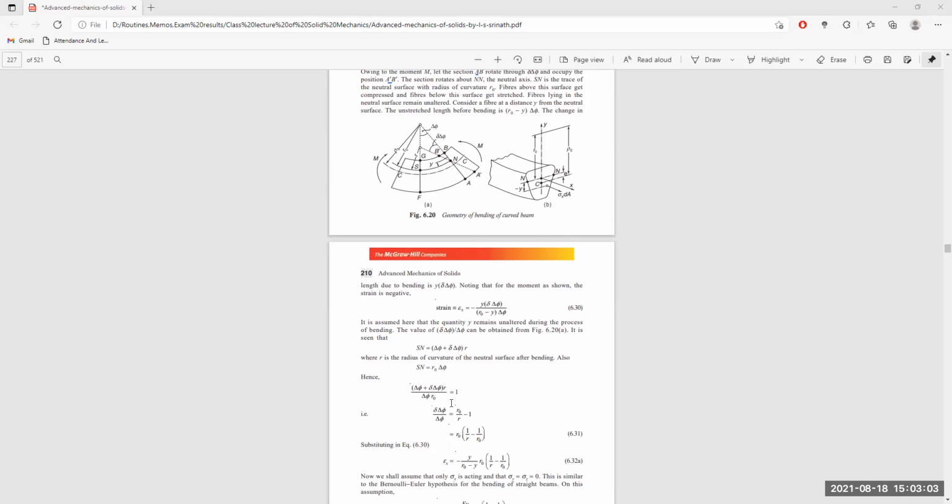So if we take the relative change, delta phi prime divided by delta phi will be equal to R0 by R minus 1, or R0 into 1 by R minus 1 by R0 itself. This is the substitution in equation 30.